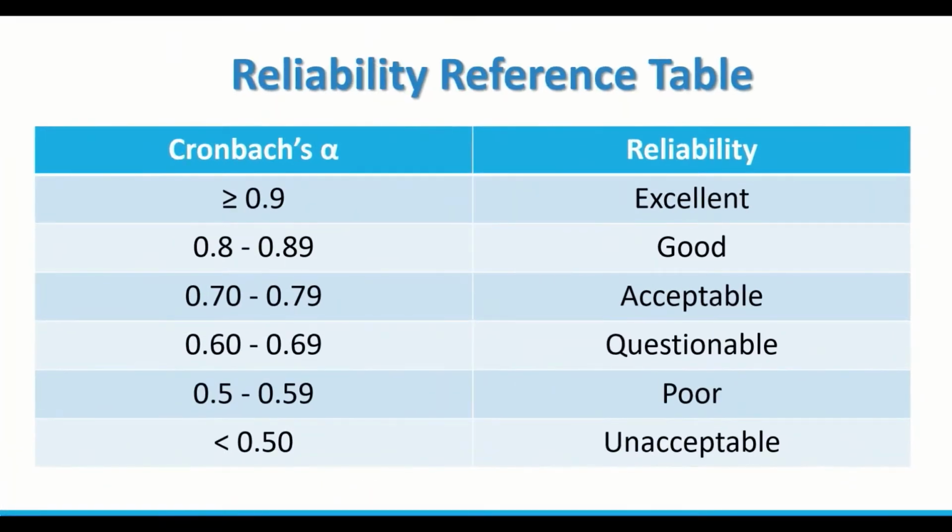In the next slide, a reliability reference table shows the Cronbach's alpha value ranges from 0 to 1 and the reliability level for that value.